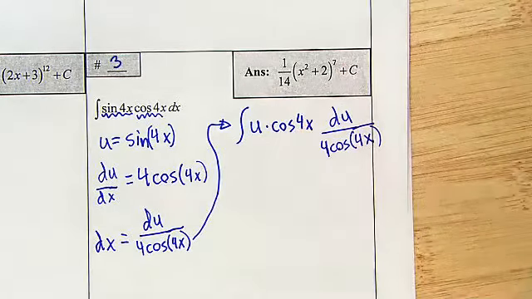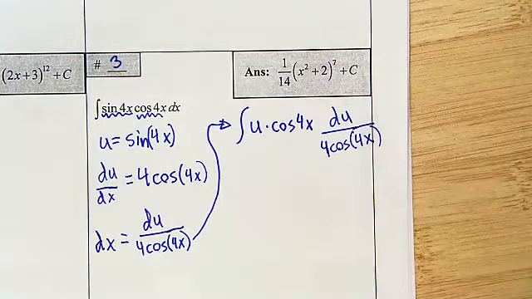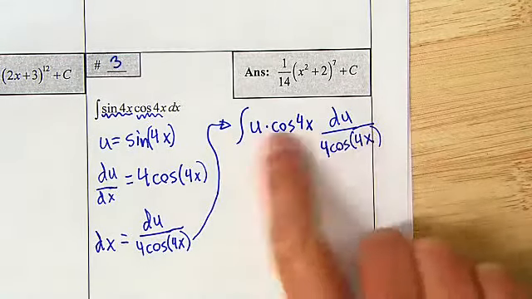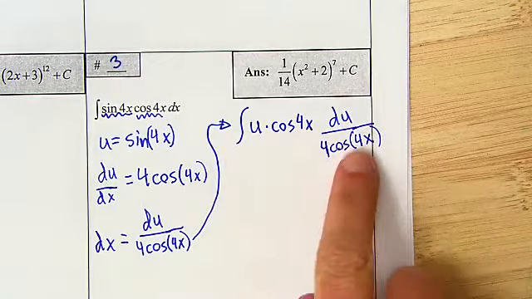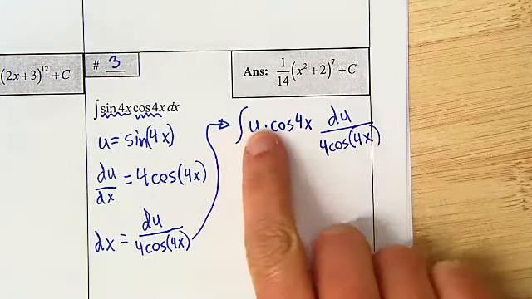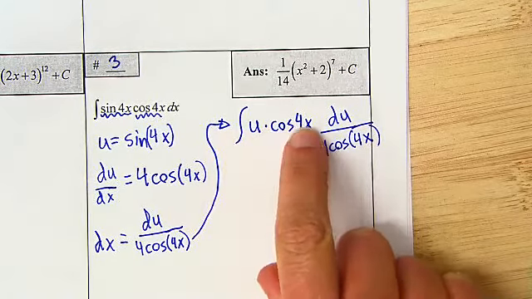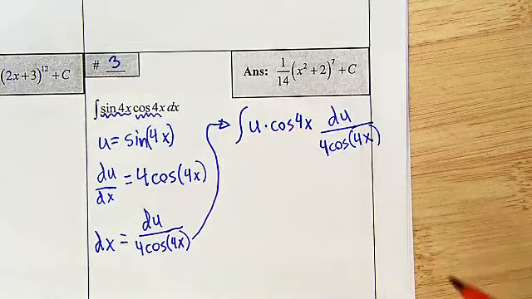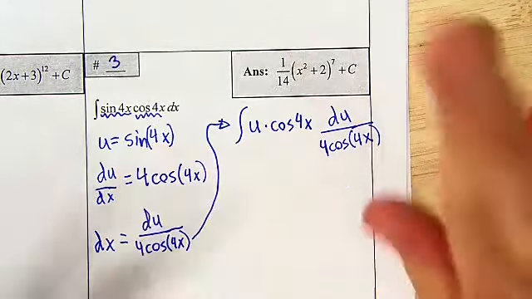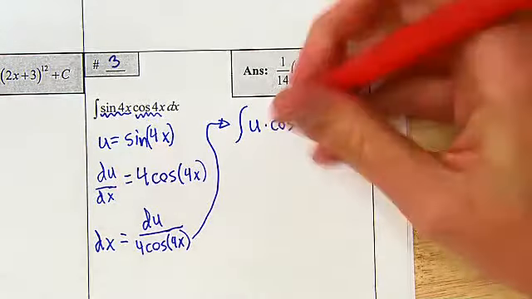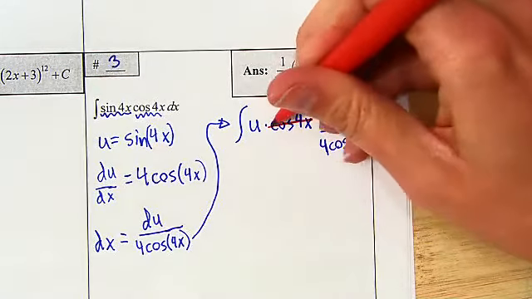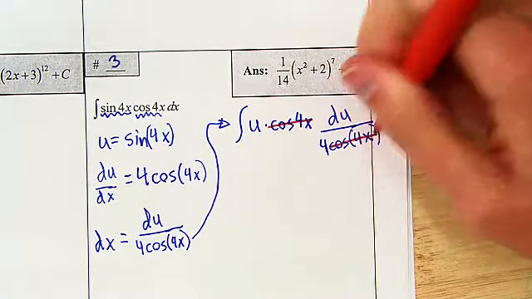Now, do you see some things that cancel? Hopefully you do, because if you don't cancel anything out, this integral would be a problem, because you can't have an integral with u's and x's. So when that happens, you cross your fingers and hope that those x's cancel out, which they do, because cosine of 4x shows up there and it shows up down there.